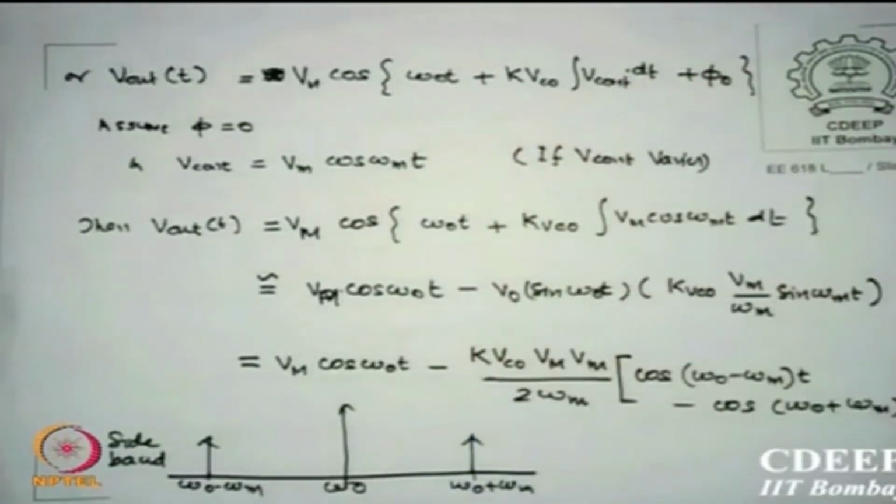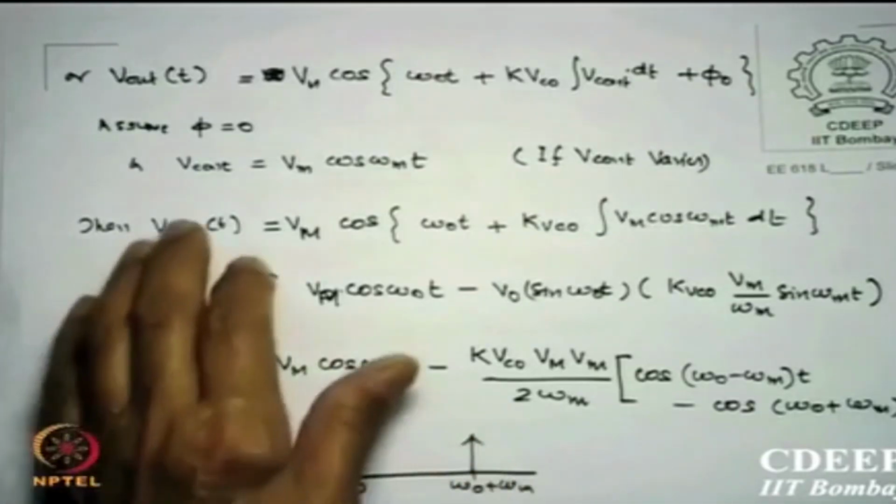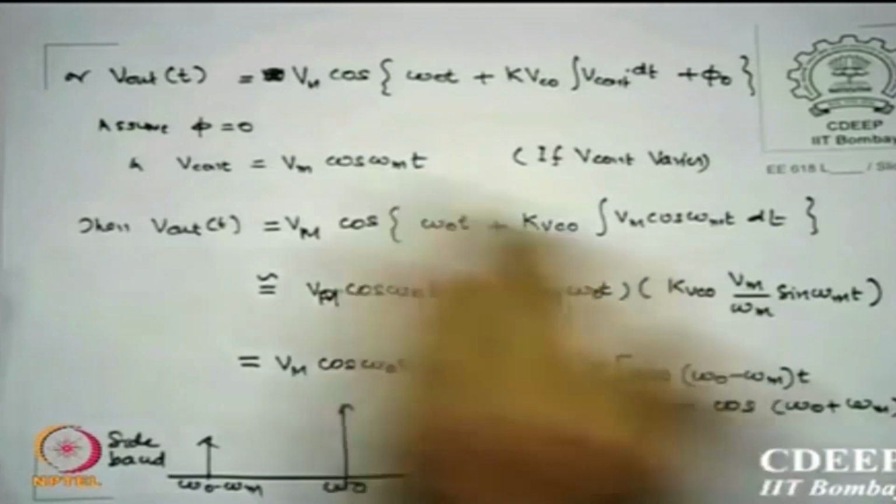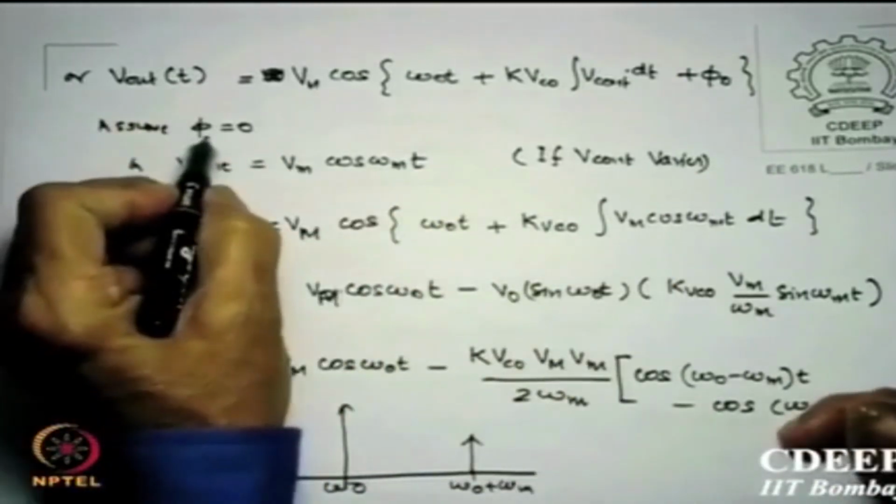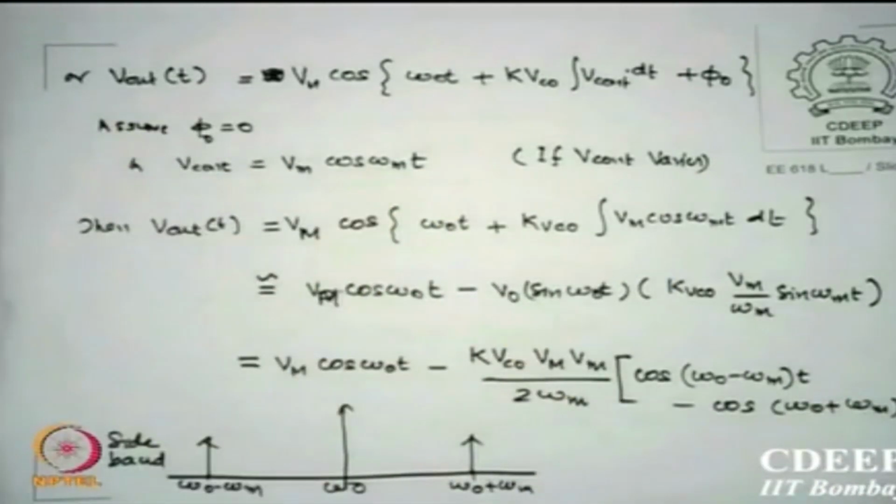If V control is constant, then there is not much of an issue. But if it's not constant and noise overrides it, generally the way it is expressed, assuming right now phi 0 is 0, the initial phase is 0, V control has Vm cos omega m t as its voltage, which is a sinusoidal disturbance that may be overriding the DC value of V control.